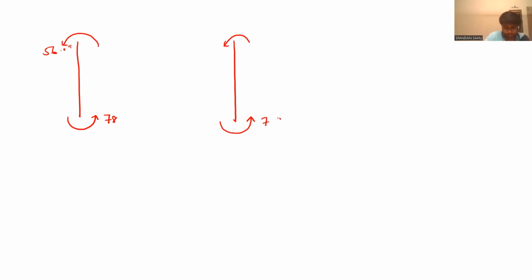This is 78, this is 56.09. Now you check how this will try to rotate in an anti-clockwise manner.